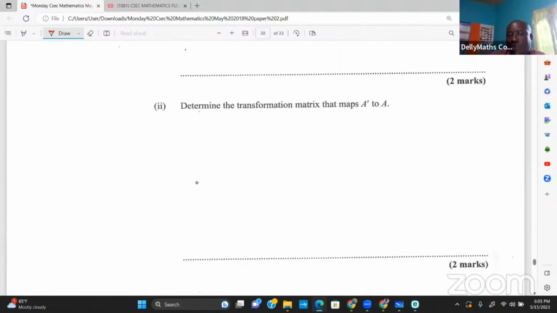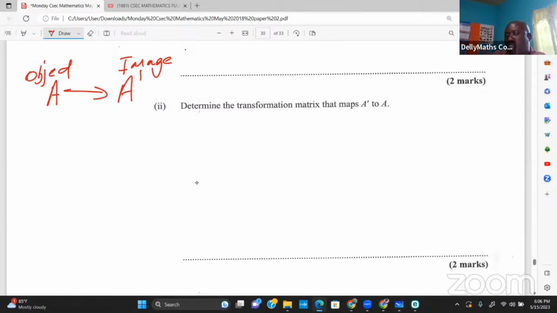Now, look what we did. We had a point, we operated on it, and we got the image. So, for example, this is our object, and the result, after we transform it, we got that. Now, look what they want from you.